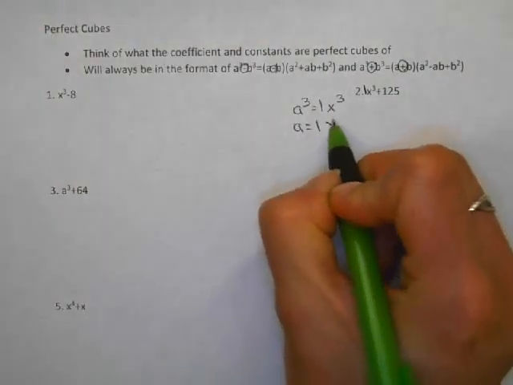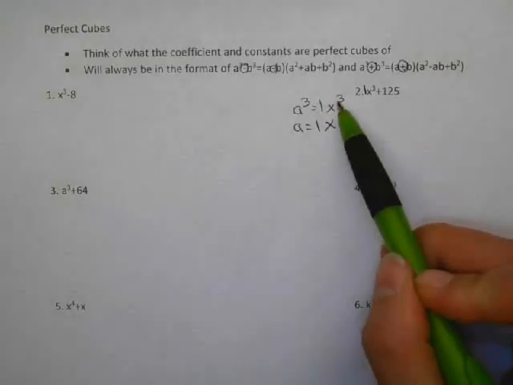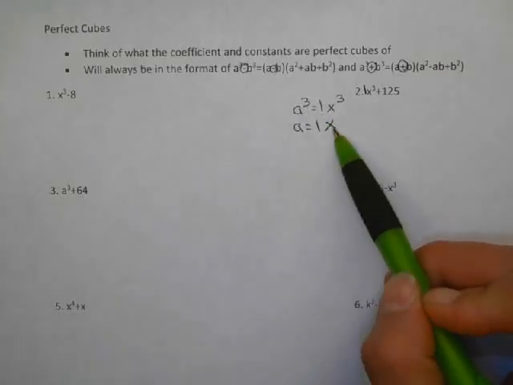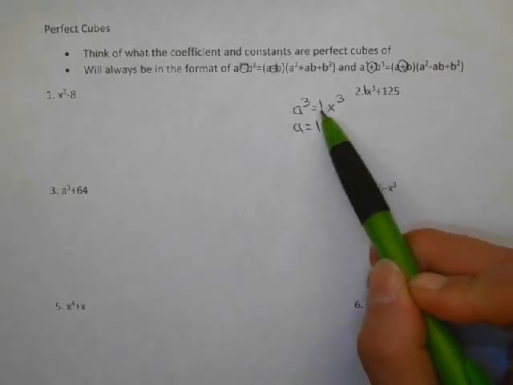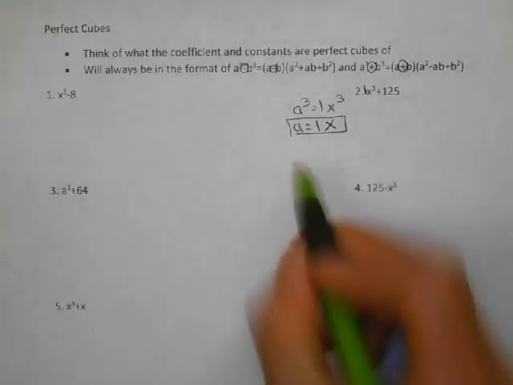So this is just 1x. Now the reason it's just an x is because x cubed is when a is cubed. Well, we want regular a, so that would be just an x. And again, if you go backwards, I can take 1x, cube that whole thing, and that's going to give me 1x cubed. So a is 1x.